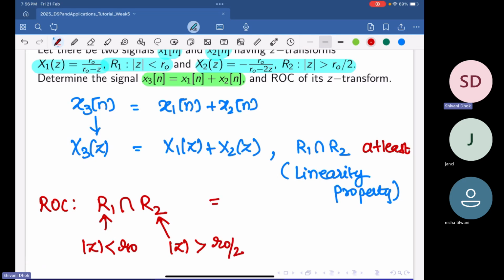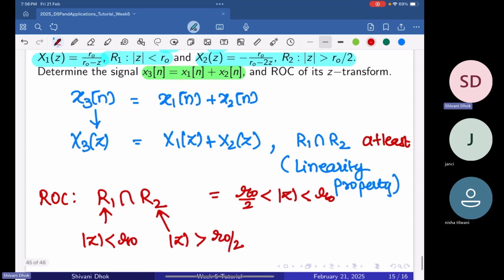So this is equal to magnitude R0 by 2 less than magnitude of z less than R0. So this is the region of convergence directly.